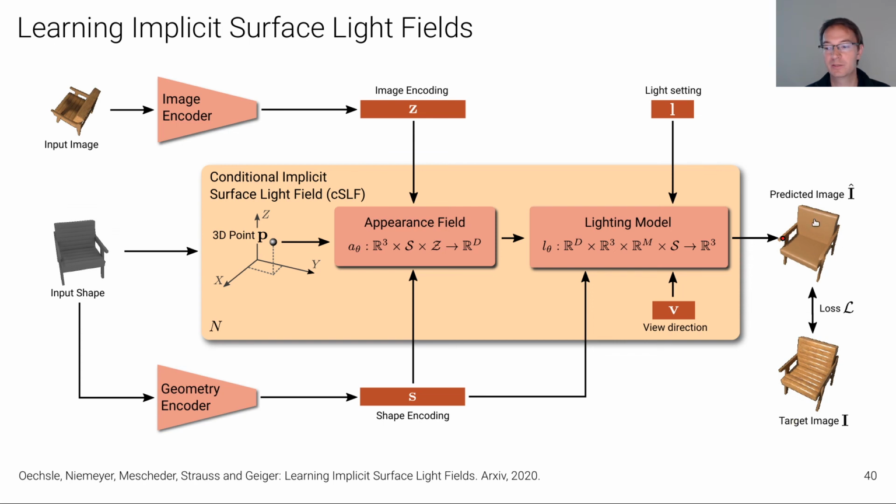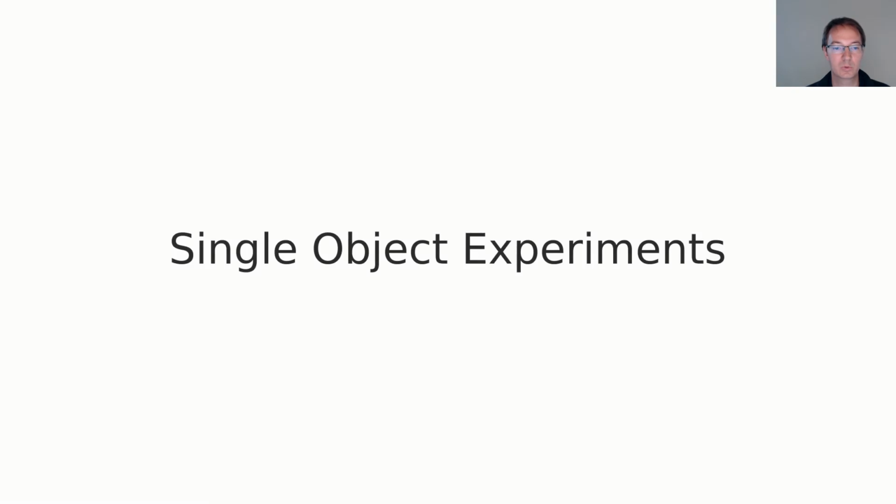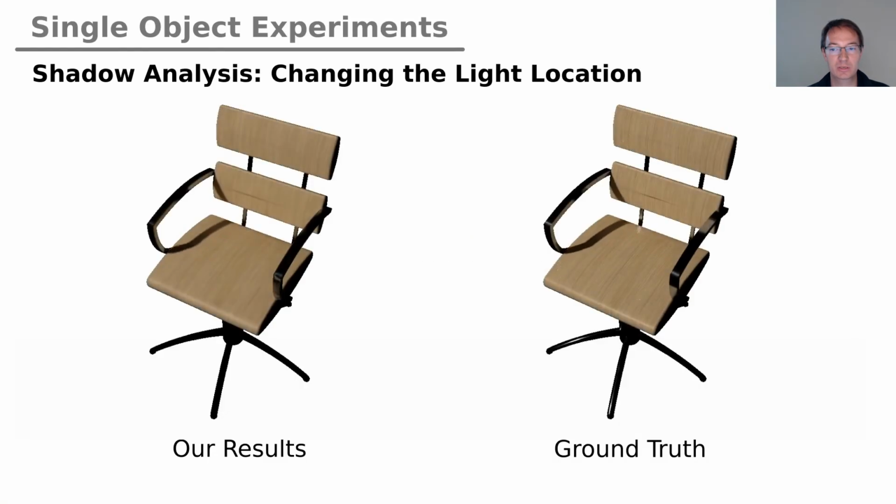And then we train this using a reconstruction loss on a data set that has realistic materials. Here are some results of this model. So we first look at how well this model can actually model shadows.